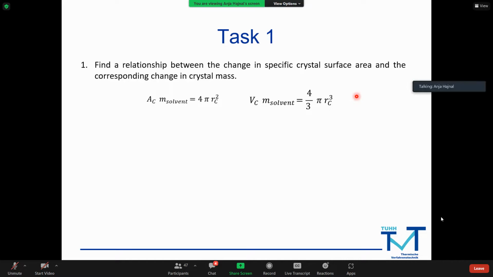Take care that AC is specific, so it is the area of the crystals per kilogram of the solvent, and for the volume it is a specific volume as well. All right, I will give you a few minutes and then we start together with the task.